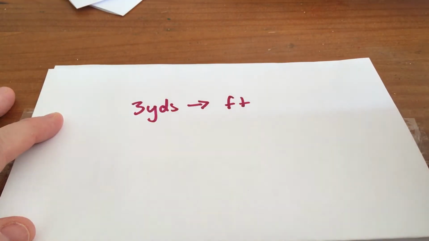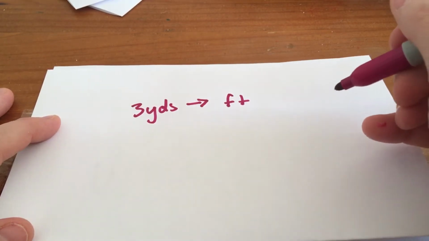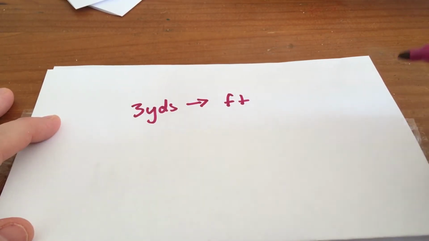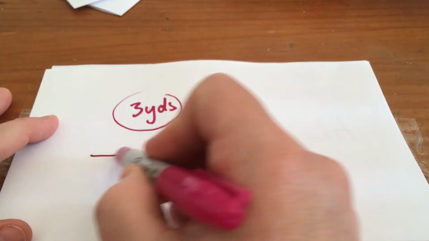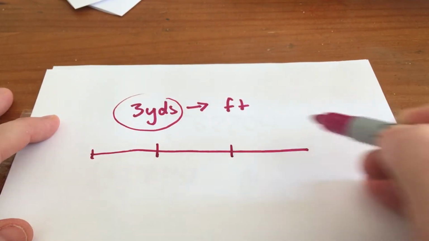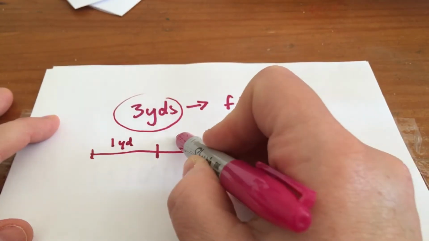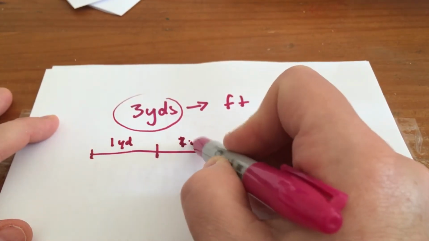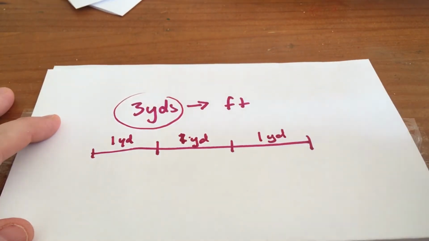The best way to do this when you're first starting out is to draw pictures. The first thing is we want to draw a picture of what we know. We know 3 yards. So let's draw 3 yards. 1 yard, 2 yards, 3 yards. This is 1 yard. This is 1 yard. And this is 1 yard. And that makes 3 yards.